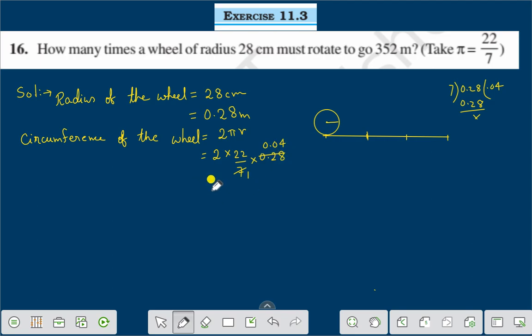If we multiply this, then we will get 2 into 22, it is 44. So it will be 44 into 0.04.